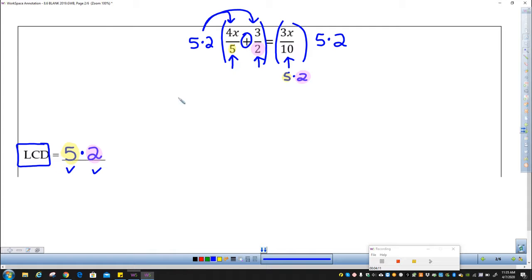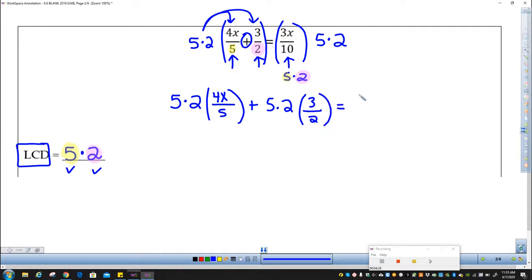And so right below, the way that I'd actually like you to write it out is to show the 5 times 2 multiplied by the first fraction, 4x over 5, plus 5 times 2 multiplied by the second fraction equals, the other side just stays the same. Now, by the way, that 5 times 2 that we're multiplying both sides by, it's really 5 times 2 over 1.